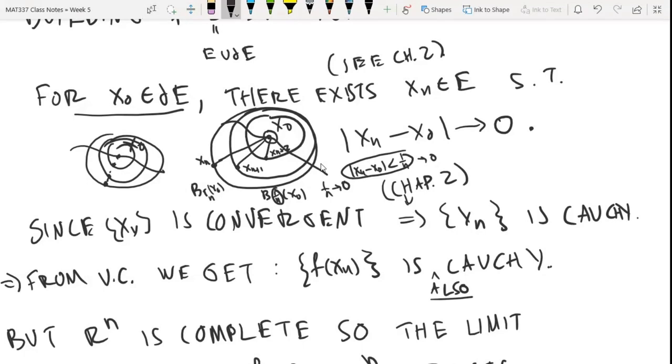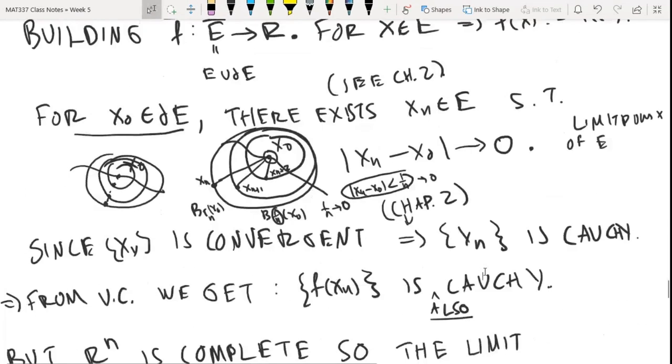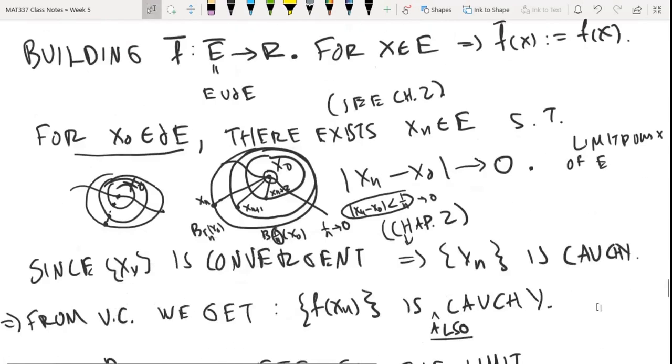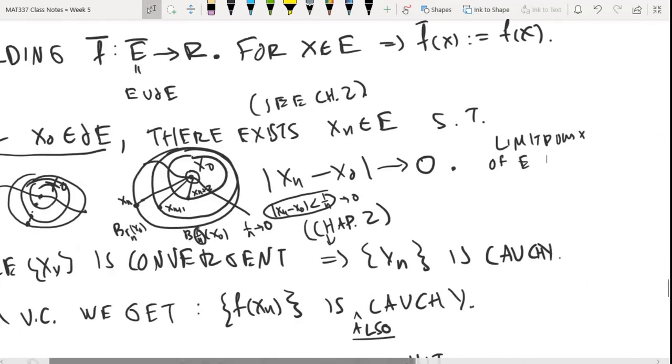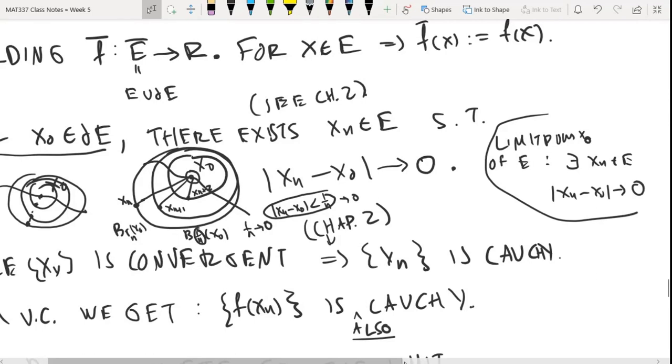So what is a limit point? The limit point definition: x naught is a limit point of E means there exists x_n in E so that x_n minus x naught goes to 0.